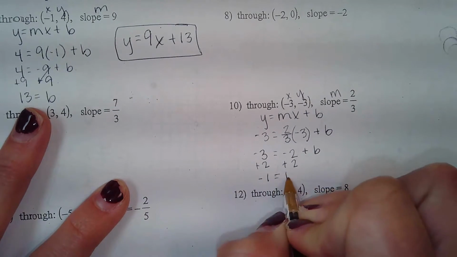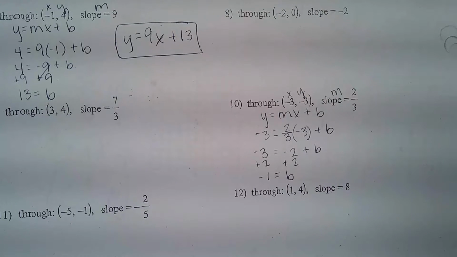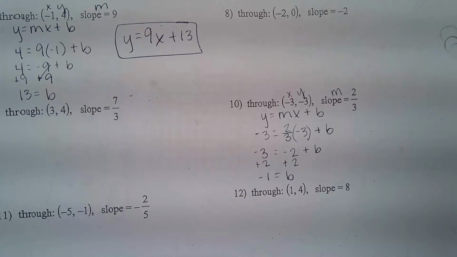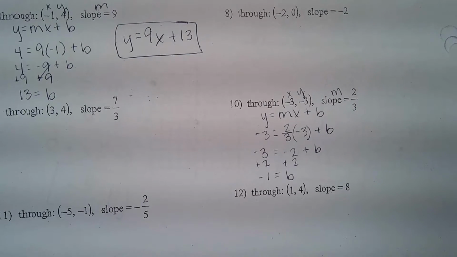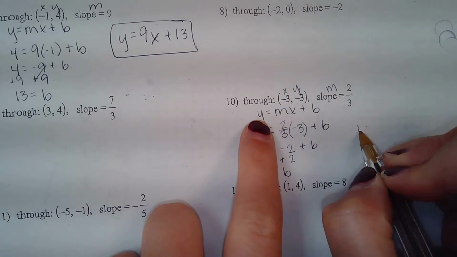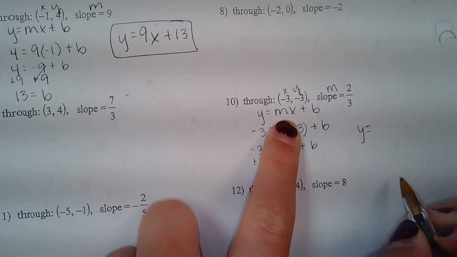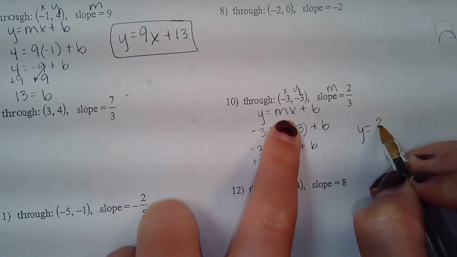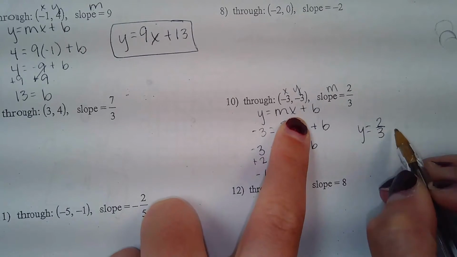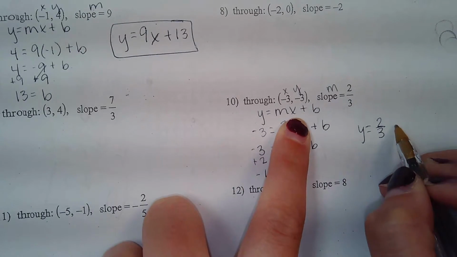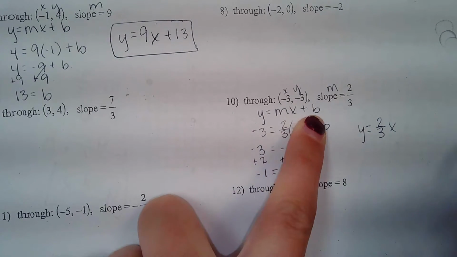So -1 equals b. Are we done? No, you gotta write the equation. So which two variables do you always leave in your answer? Y and X. So we'll have y equals, instead of m, what are we putting? 2/3. Instead of x, what are we putting? X. Trick question. You guys got it. And instead of b, what are we putting?